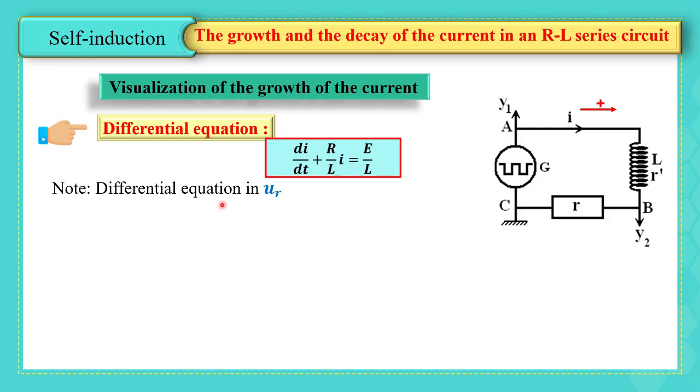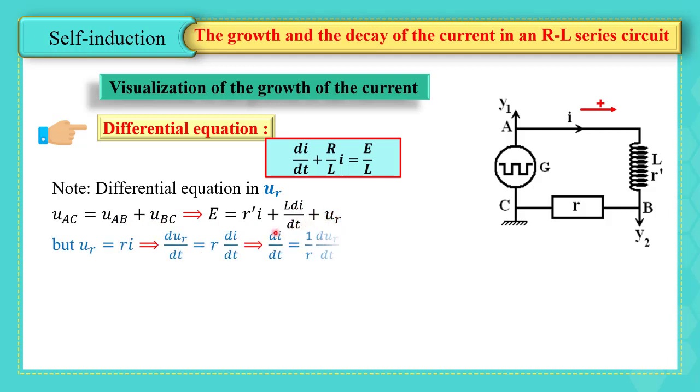Now, in order to obtain the differential equation in terms of UR, we also use the law of addition of voltages: UAC equals UAB plus UBC. So E equals R prime i plus L di over dt plus UR. Now, since UR equals Ri, dUR over dt will be equal to R di over dt. So di over dt will be equal to 1 over R times dUR over dt.